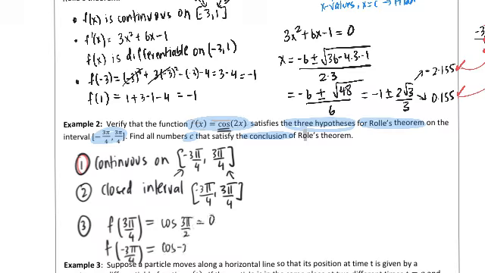Cosine of negative 3 pi over 2 is also equal to 0. So these are the same, and we have now satisfied all three conditions of Rolle's theorem. So that is the first part of the question. Hypotheses mean the conditions, right? The three hypotheses are the three conditions.